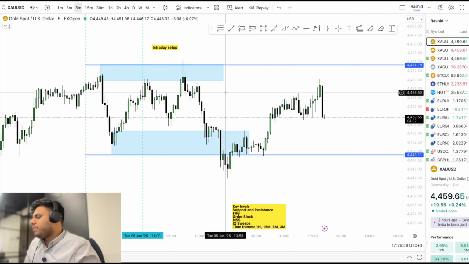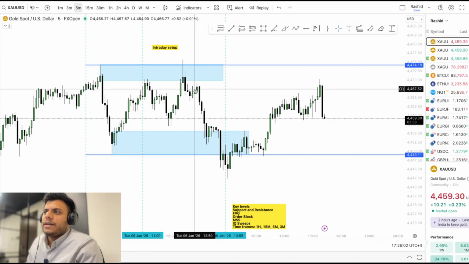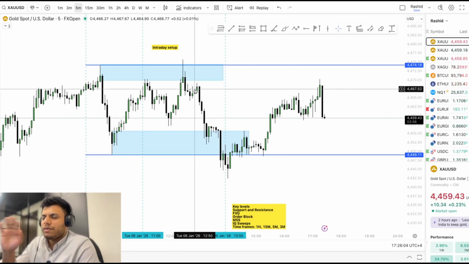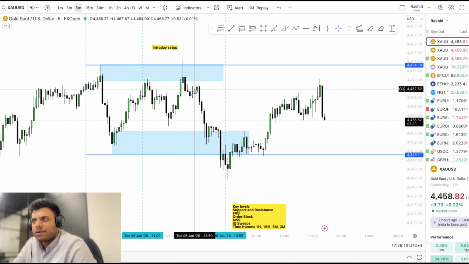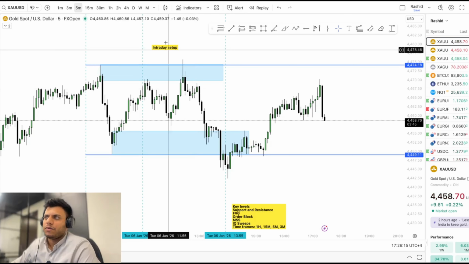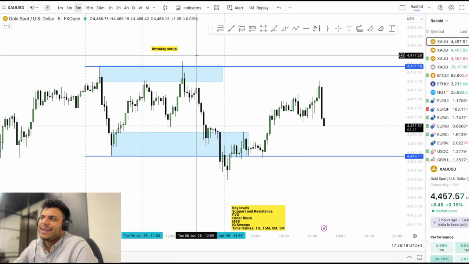So around this level is London time, and you can trade during this particular time. Also you can trade right now, maybe before reaching the US timing.